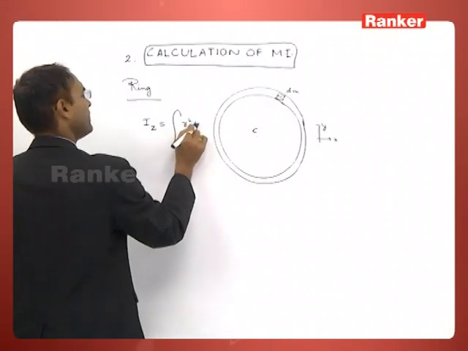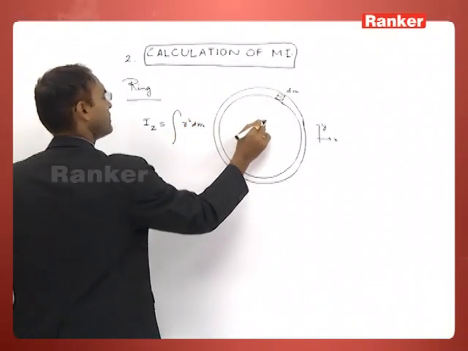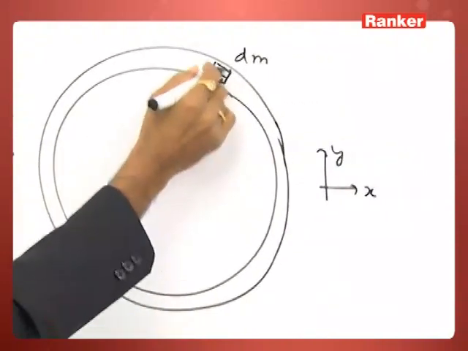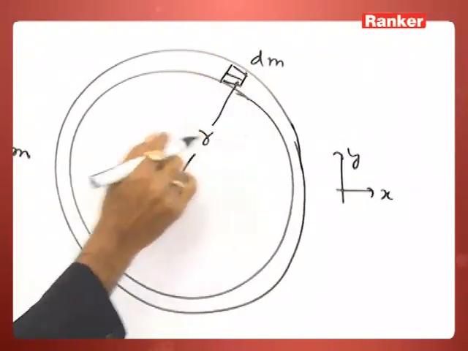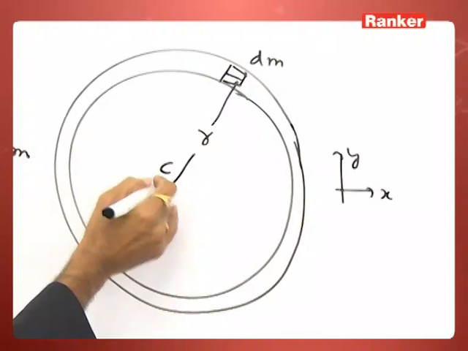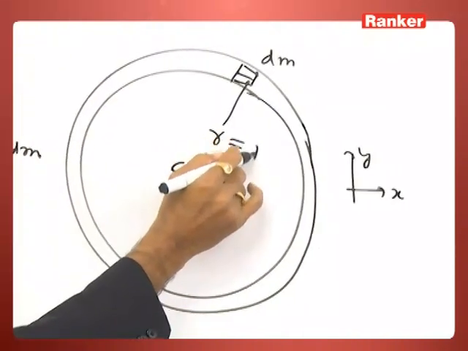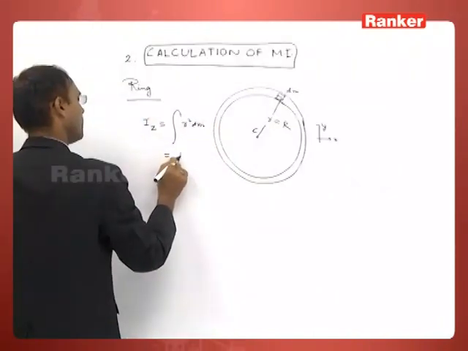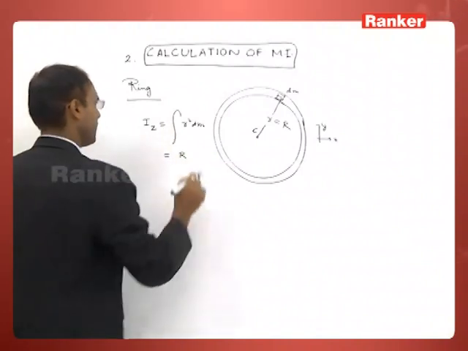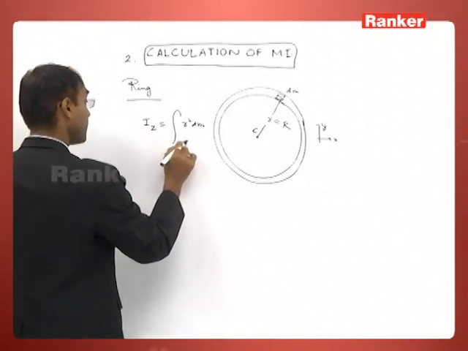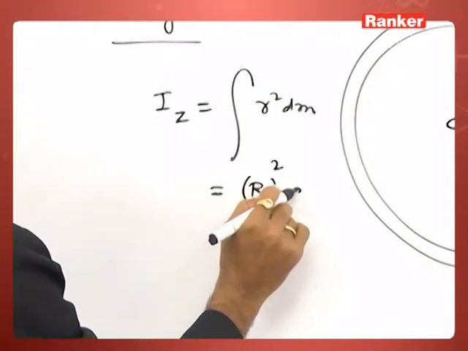the integral of r square dm. r is the length of each segment from the axis, and that is none other than the radius of the ring. The small r is equal to the radius of the ring, that is capital R, dm.